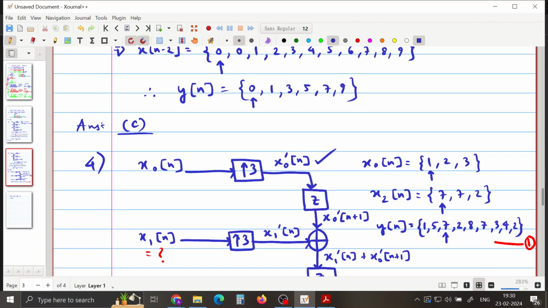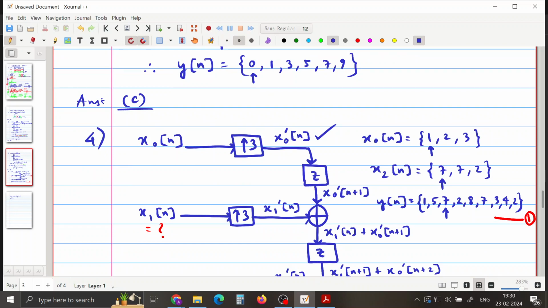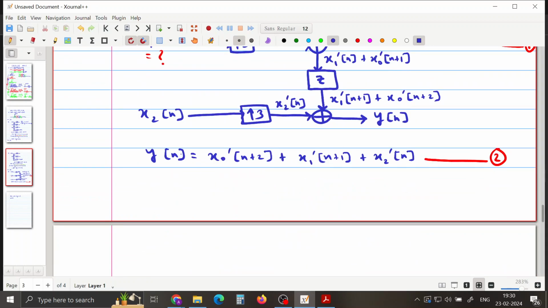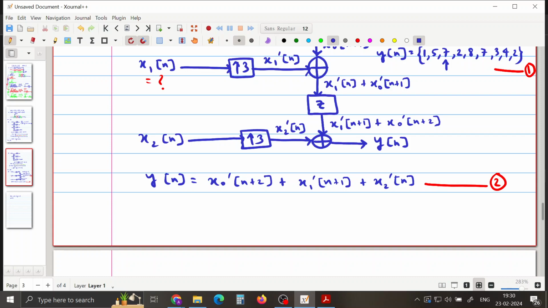In the time domain, what's the effect of an upsampler? It adds L minus 1 zeros between every sample. So here it will add 2 zeros between every 2 samples. That way I can get x naught prime of n, because I need x naught prime of n plus 2 to get y of n, as given in equation 2.